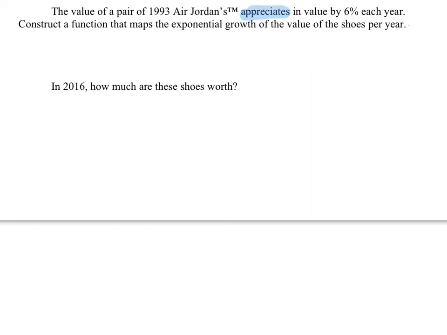Now notice it doesn't say how much the shoes cost at the beginning. It just says that in 1993, they have some value, and it's going up by 6% each year. So let's make sure that we write down all the things we know. We know that the total value is going to be equal to whatever the principal amount was, times 1 plus 0.06 to the t over n power.